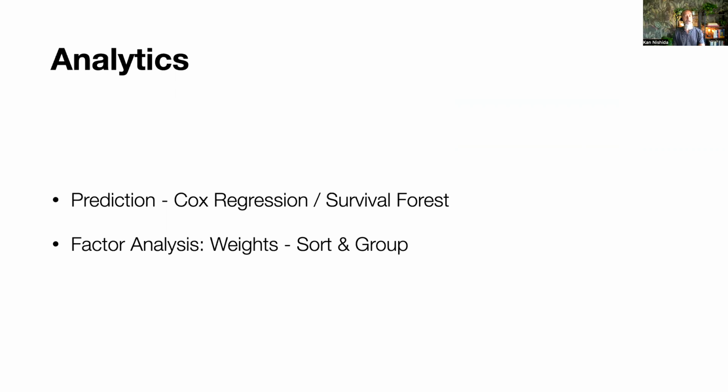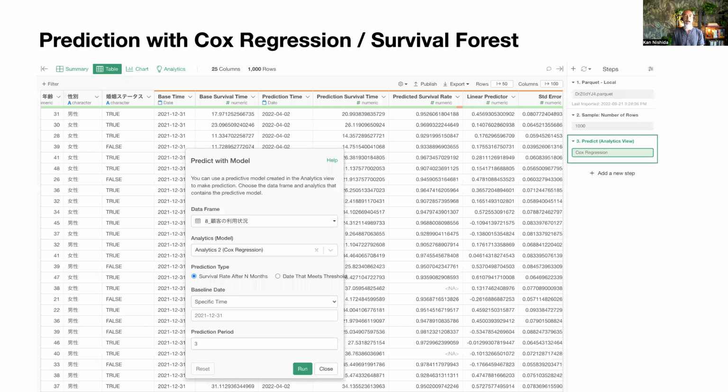And then another thing, the factor analysis. The prediction with Cox regression and survival forest is basically these 2 algorithms. The only difference is one is machine learning, which is survival forest or survival random forest, and Cox regression is more like a statistical learning model. And you can build those prediction models under the analytics view, right?